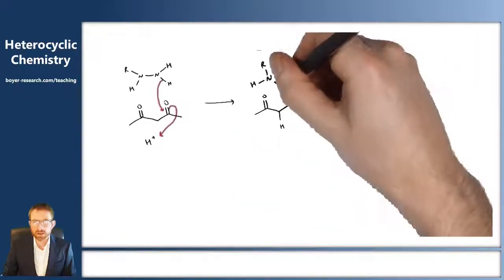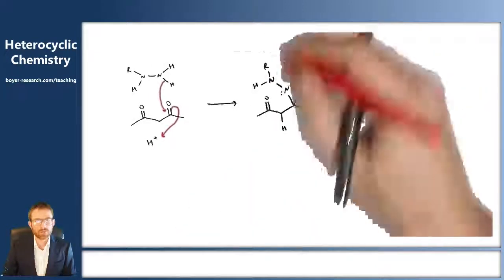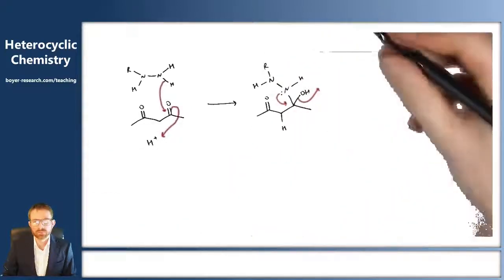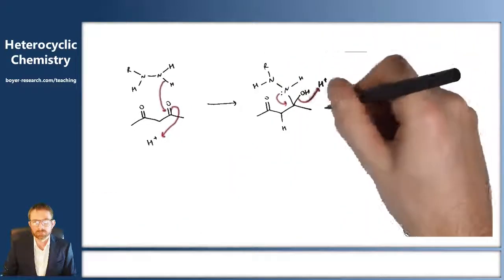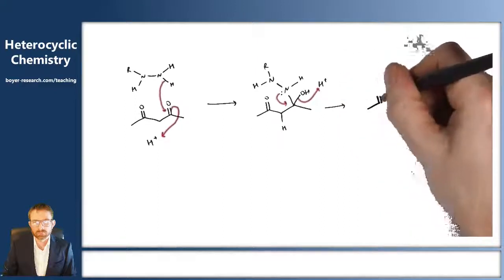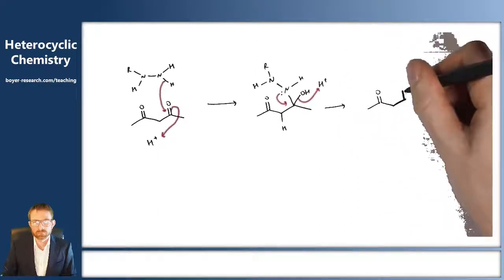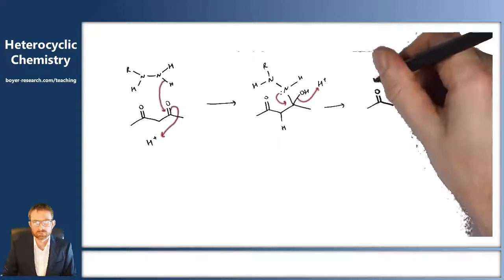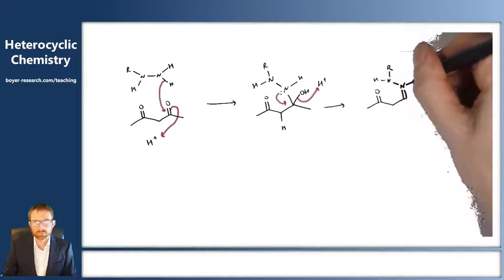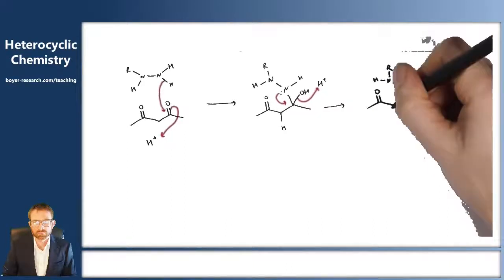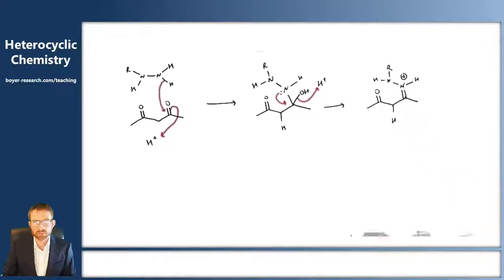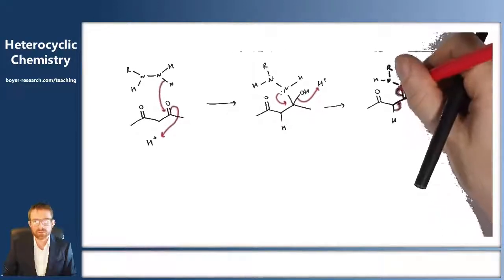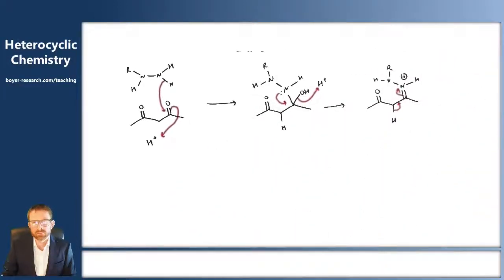The nitrogen lone pair will promote the loss of water by breaking the carbon-oxygen bond. And then loss of hydrogen will give us the enamine.